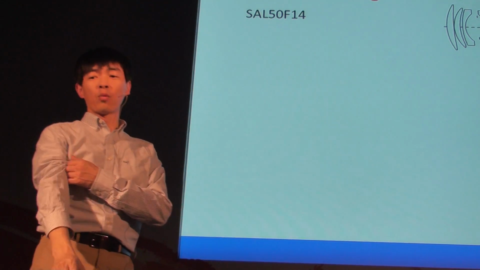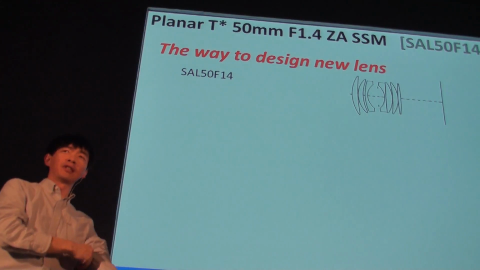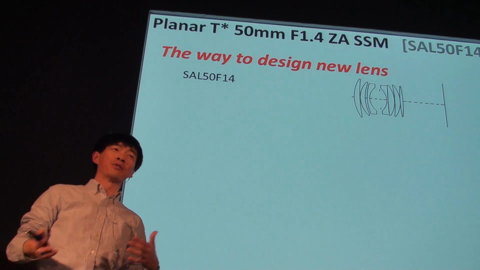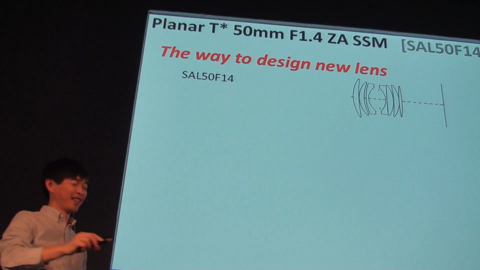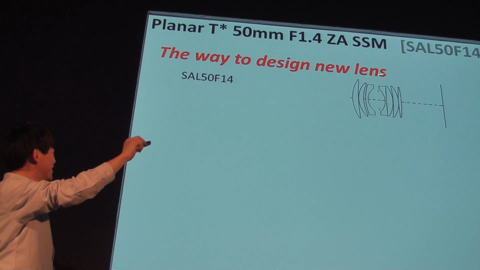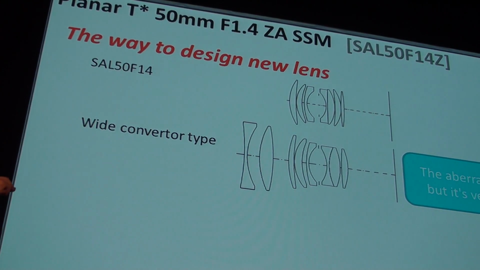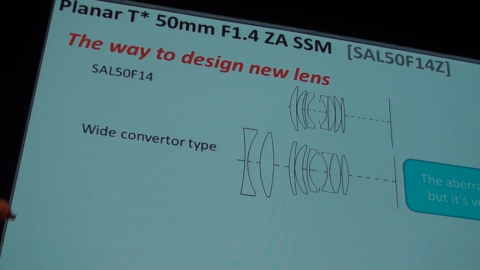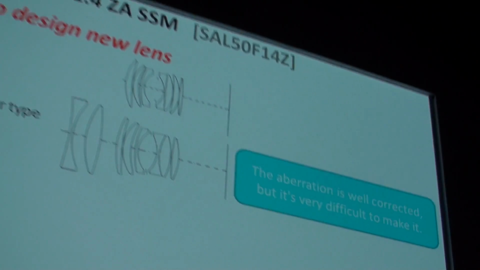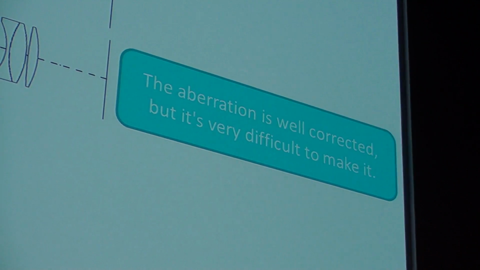Next slide shows the way to design the new lens, because I'd like to show you the difficulties of making it. This is our current model. At first, we added the wide converter, and in that case, the aberration is very well corrected, but it's very difficult to make in mass production.